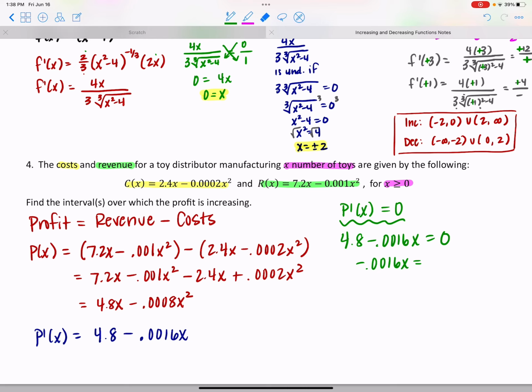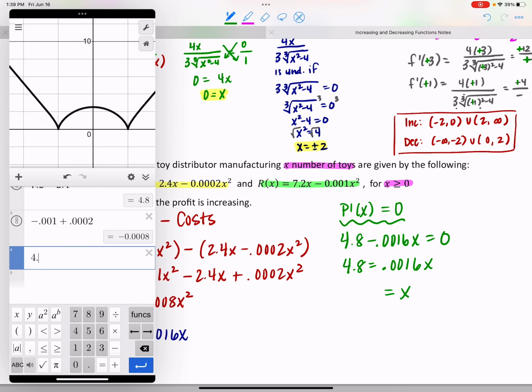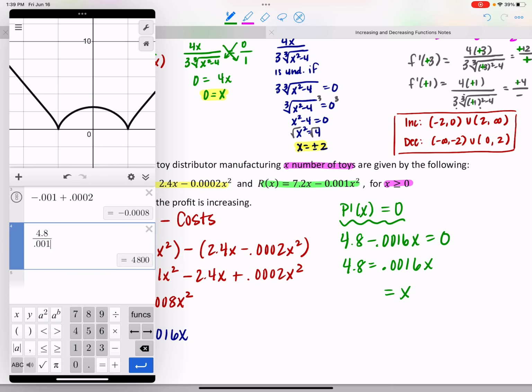I could subtract 4.8, or I could just add 0.0016x over, so let's do that. Then divide: 4.8 divided by 0.0016 gives 3,000. So at x equals 3,000, we have a slope of 0, which is going to be a separator between increasing and decreasing intervals.